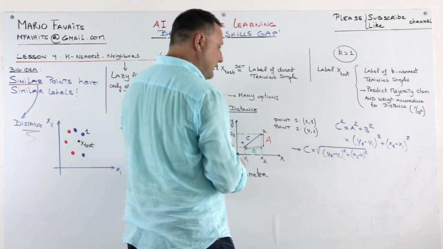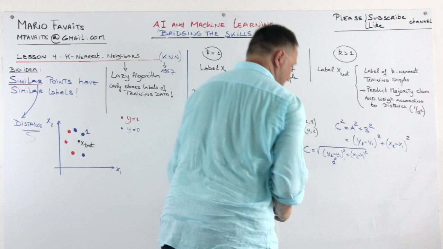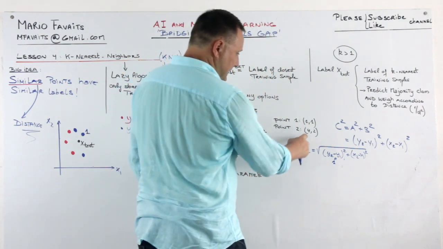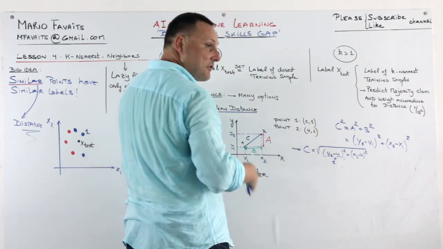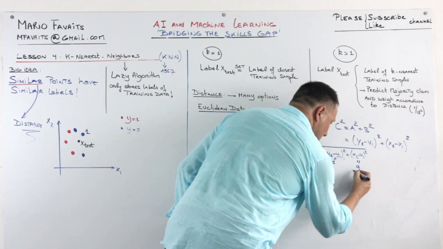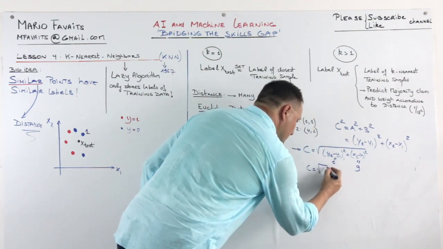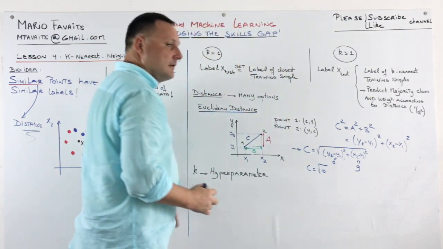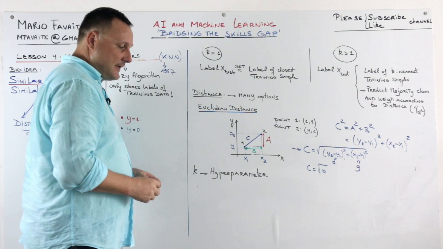So 2 minus 1 is 1. 1 squared remains 1. And x2 minus x1 is 3, and we need to square 3. So that is 9. So that means that the distance here is square root of 10. That's how you calculate the Euclidean distance between 2 points.